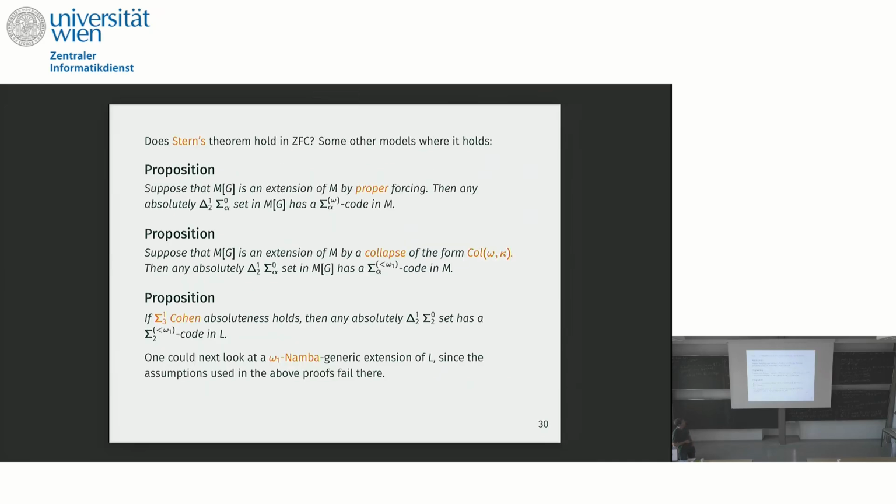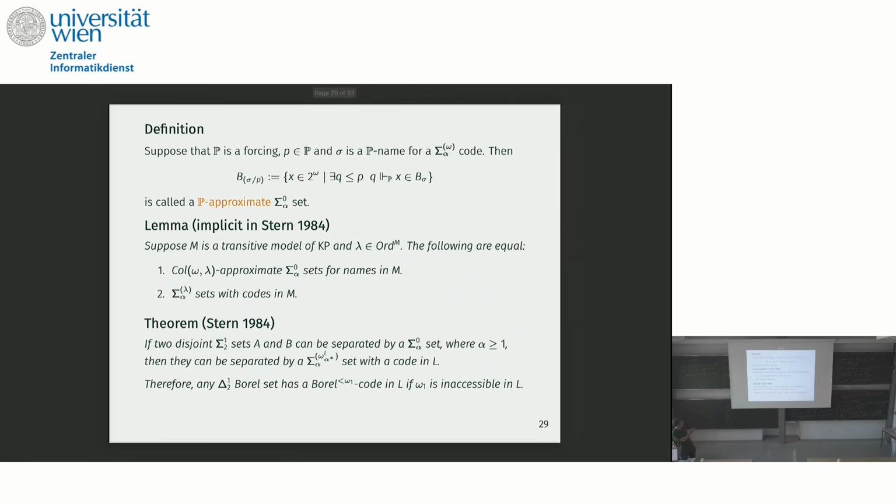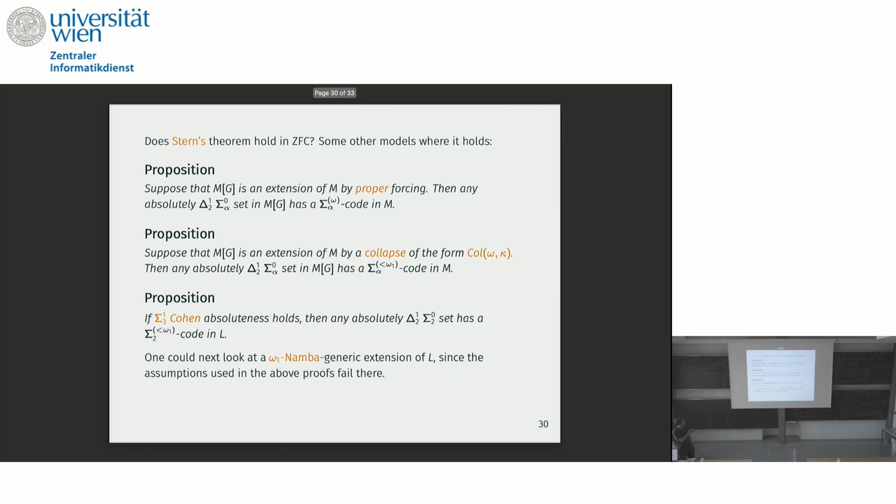All right, so one of my main questions is: does this just hold in ZFC? This was part of the previous problem that we arrived at. Here are some very partial results at the end of my talk. We came up with some particular cases where it does hold.